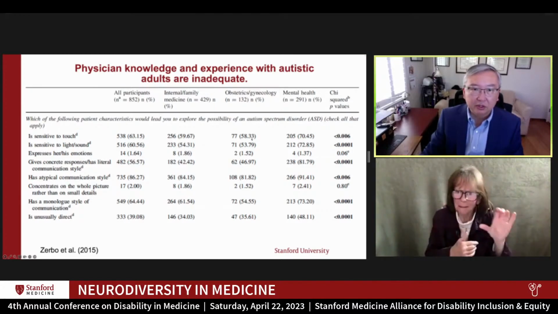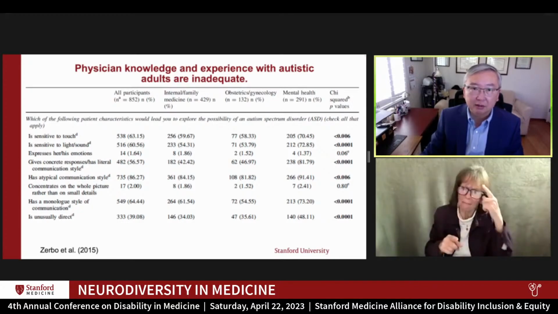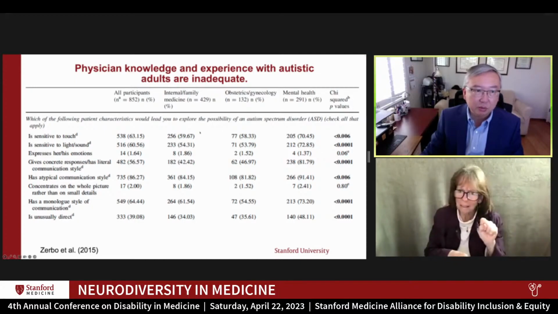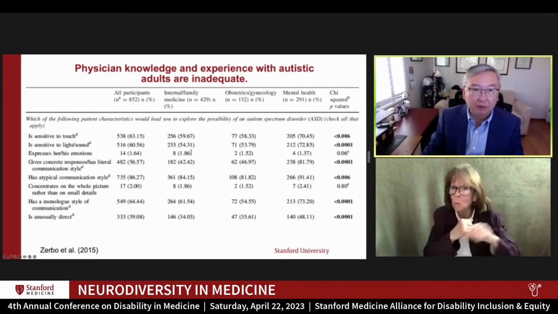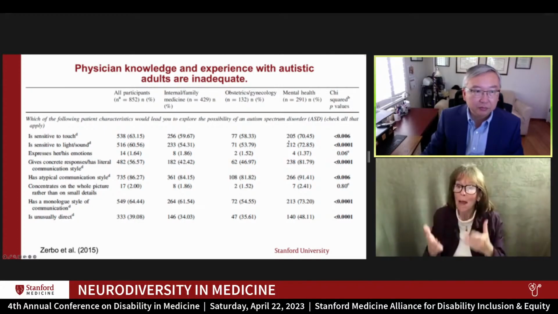Well, autistic individuals have sensory aberrations in all different senses, so it is definitely a possibility. Similarly, for light and sound it is about 1/2 of the primary care providers and OBGYN doctors. Mental health providers did a little bit better, but not too much better.